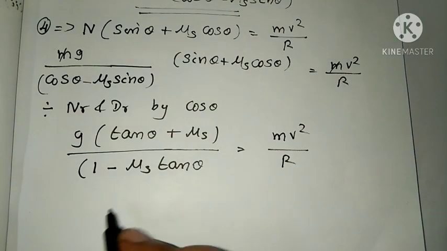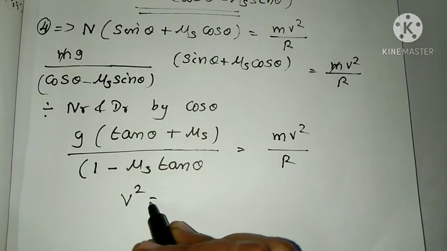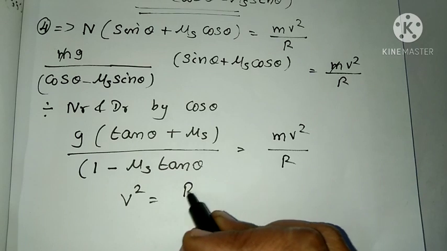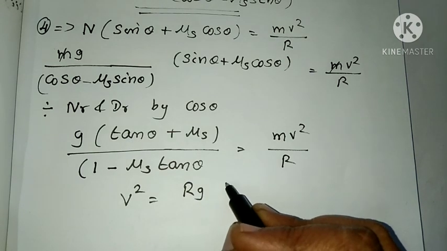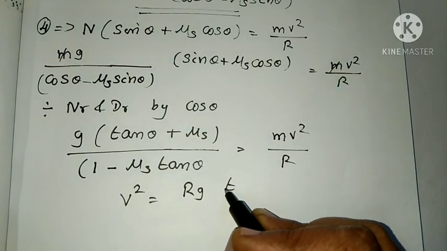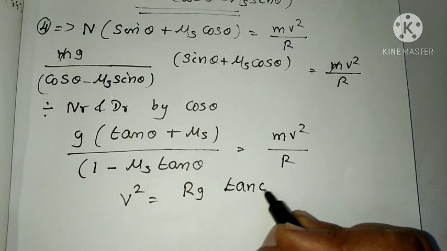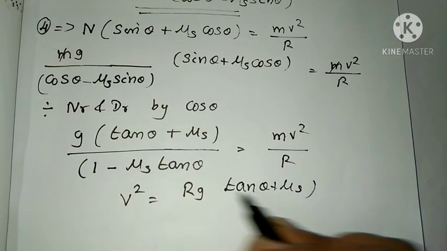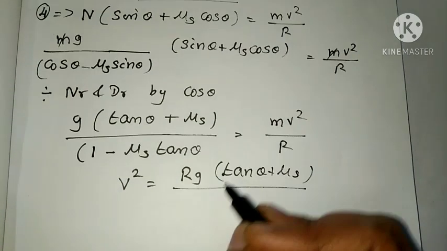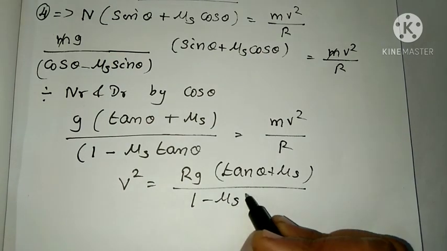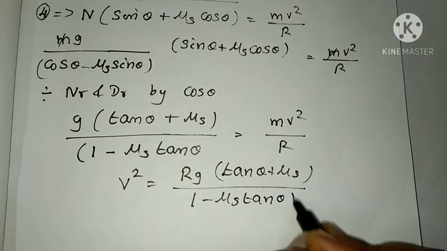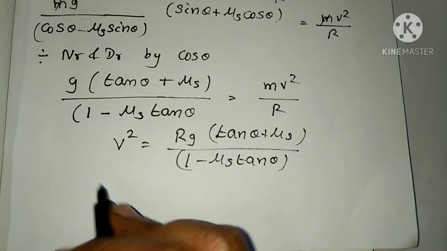Okay, so we can write v square equal to, by cross multiplication, rg times (tan theta plus mu s) divided by (1 minus mu s tan theta). So what is v here?